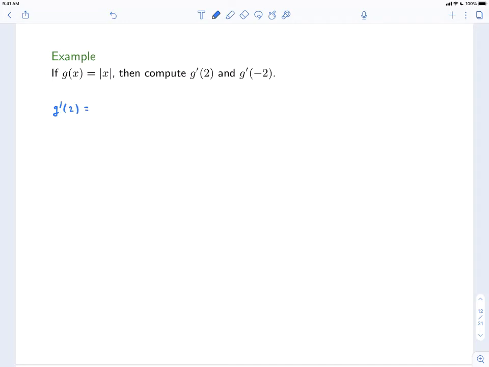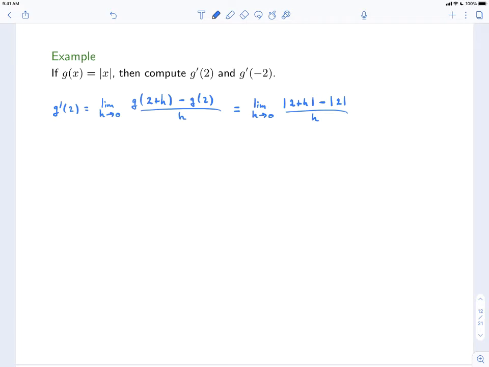So this is going to be equal to the limit as h goes to 0 of g at 2 plus h minus g at 2 divided by h. So this is going to give us the limit as h goes to 0 of the absolute value of 2 plus h minus the absolute value of 2 divided by h.